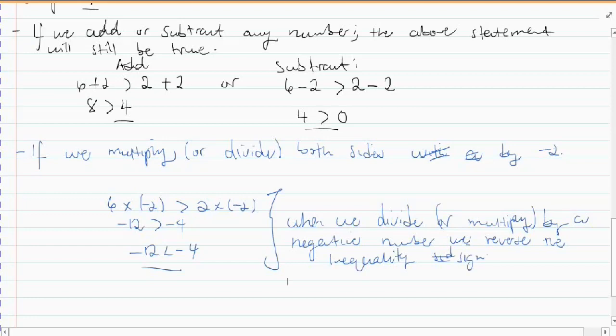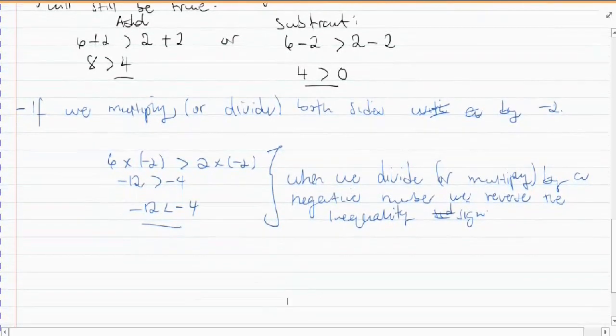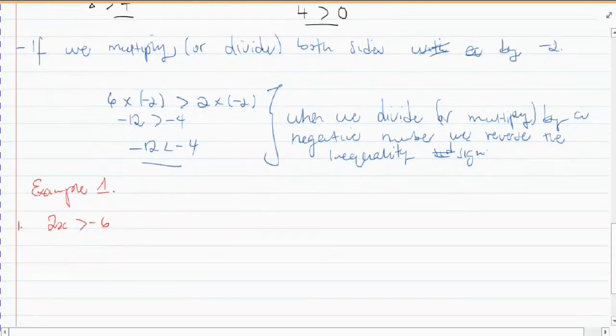So this means that we are ready to tackle the problems now. Let's quickly look at an example. Example 1: we have 2x bigger than negative 6.